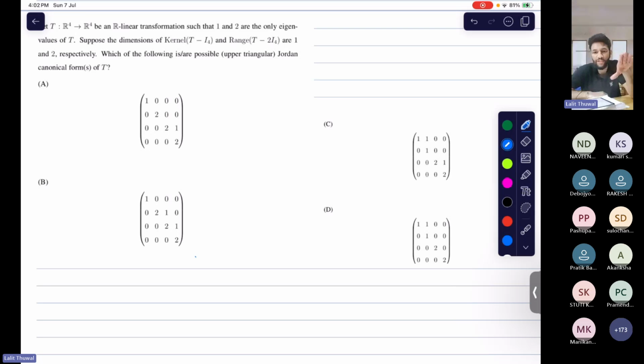That can be proved using induction. But it is not always true: suppose you have a linear transformation from Q^4 to Q^4, then it need not have a T-invariant subspace of dimension 2 or 3. It need not have a non-trivial T-invariant subspace.